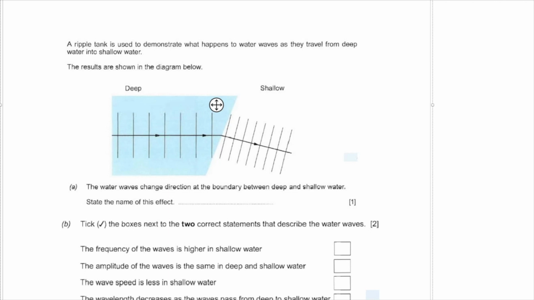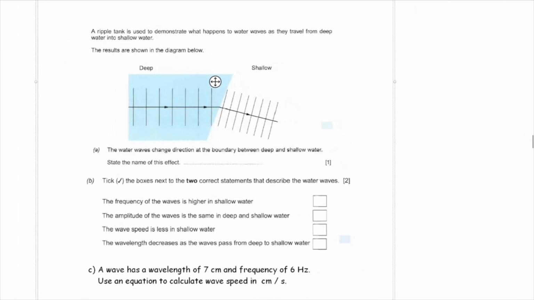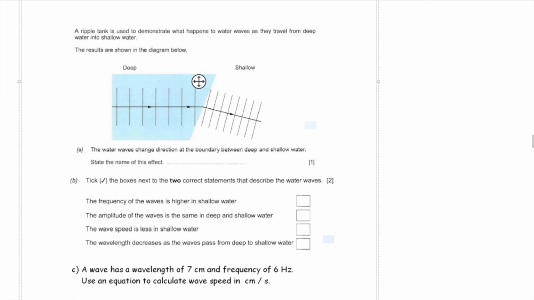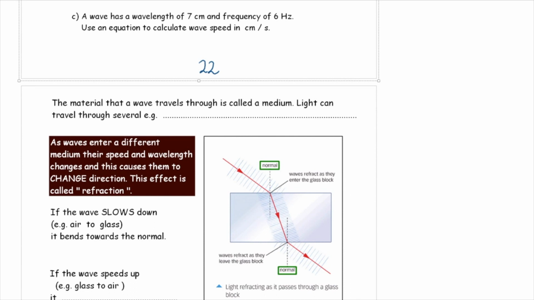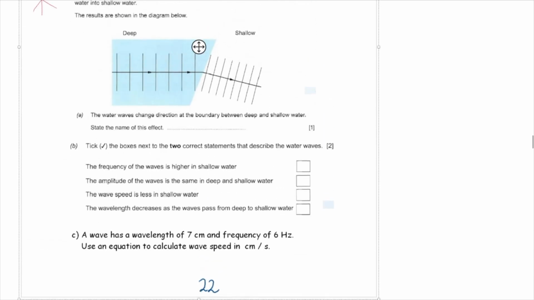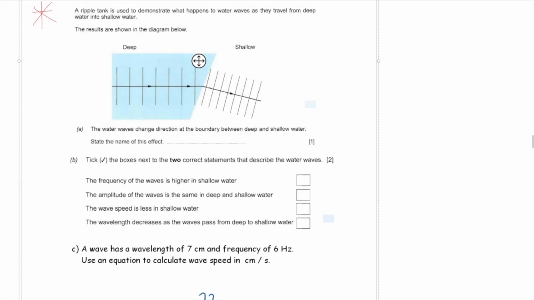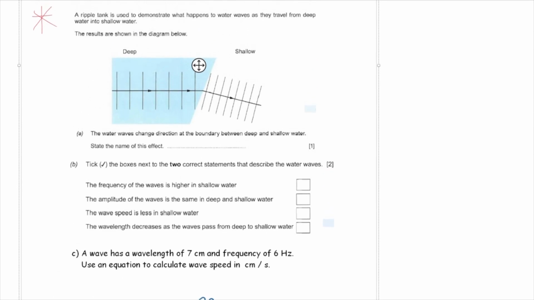If you look at this first one, this is a self-assess question. So I'll just put asterisks next to what you need to do. 22. And when you've completed that question, press play.